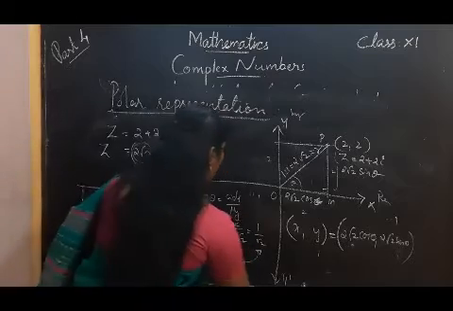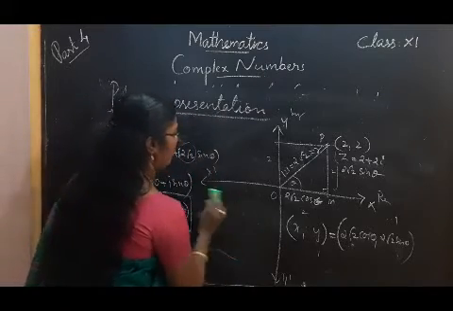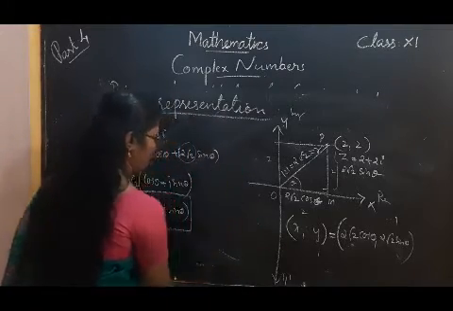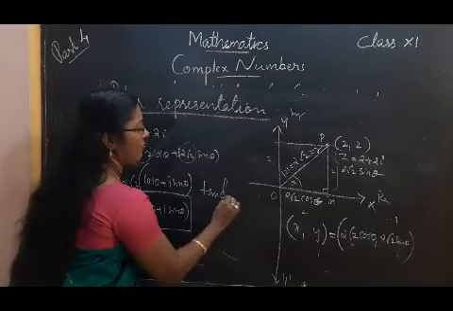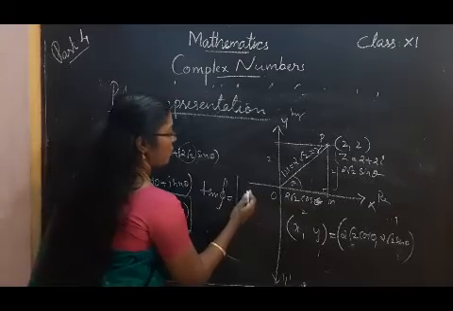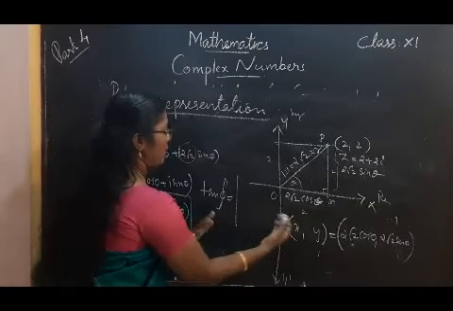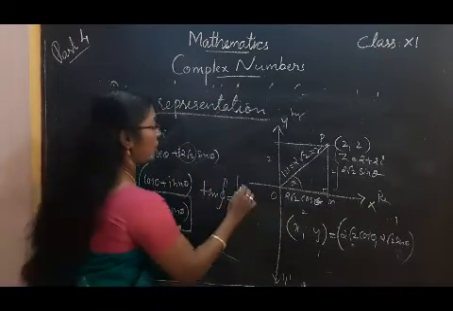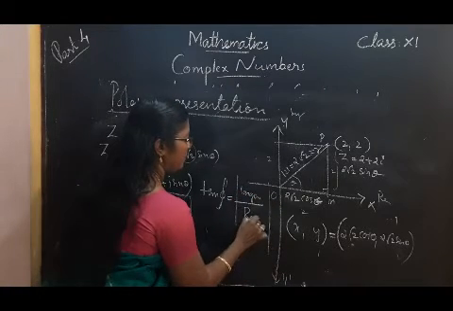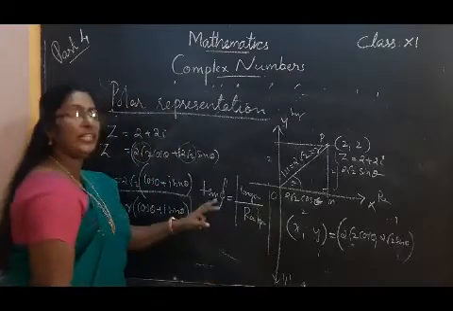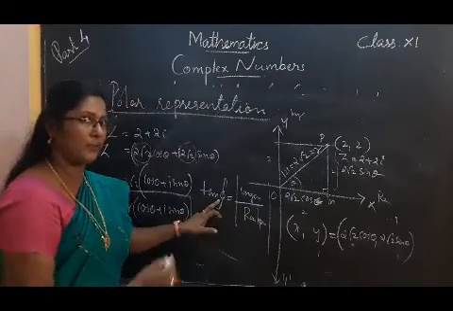Here theta is 45. Then we can find another formula: tan phi equals the modulus of imaginary part by real part. Theta is always positive. Not theta, tan phi; I will explain phi later.